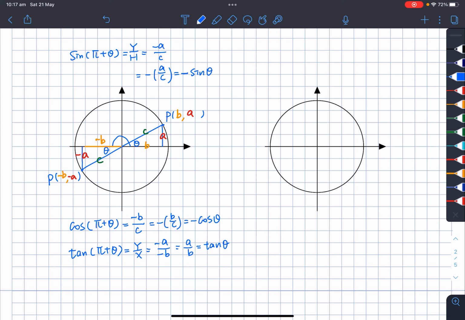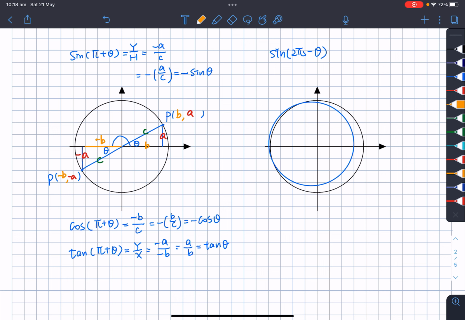Now we go to the fourth quadrant. Sine of 2 pi minus theta. So 2 pi here, and the minus back, so minus back here. You turn around to this direction.